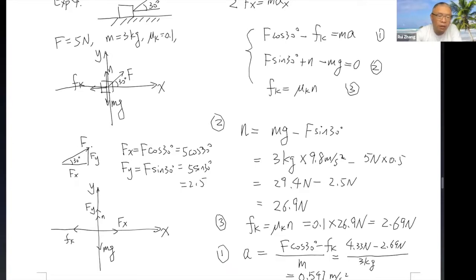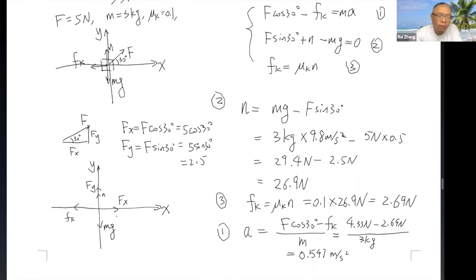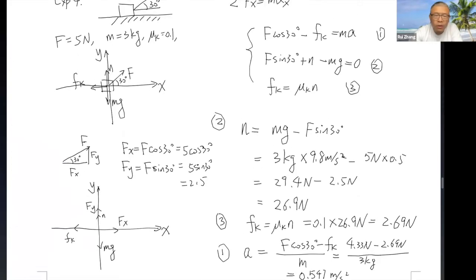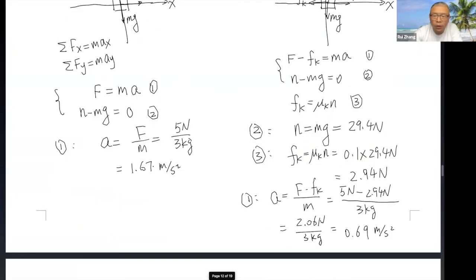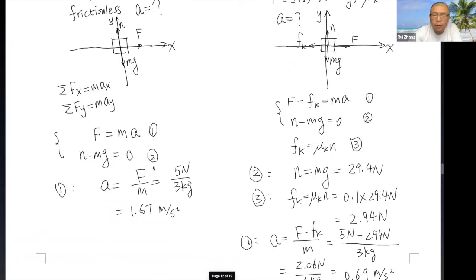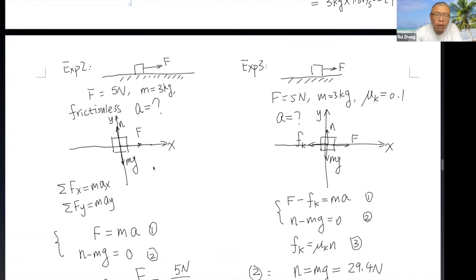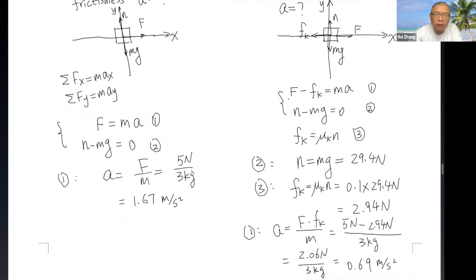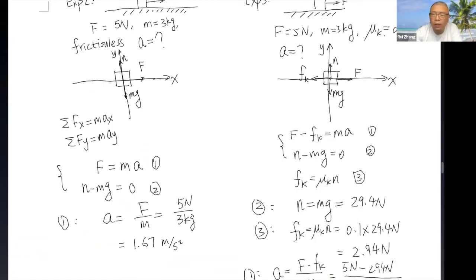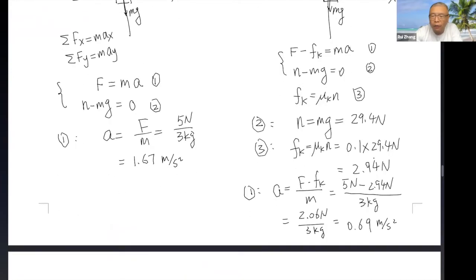So instead of considering the original force, we consider the two components like this. And actually all these problems are connected. For example, in this case we got the friction here, but if you take mu k to be 0, the fk becomes 0, so you go back to the previous answer.